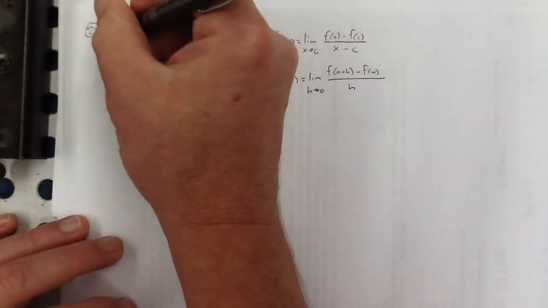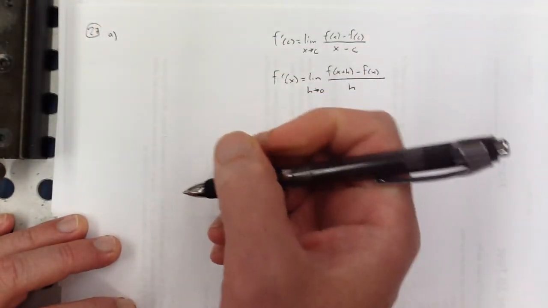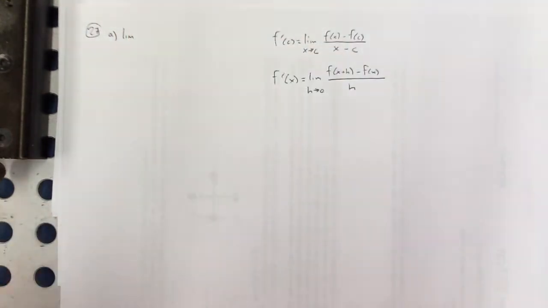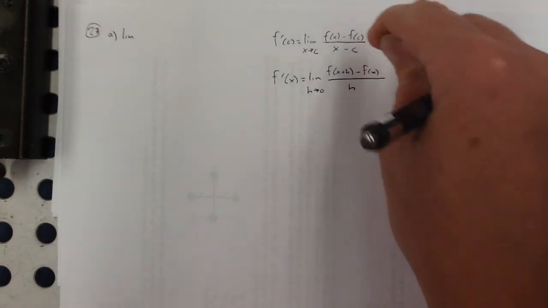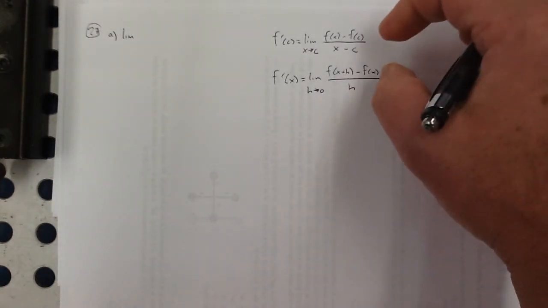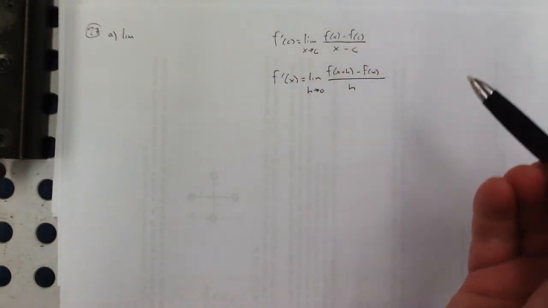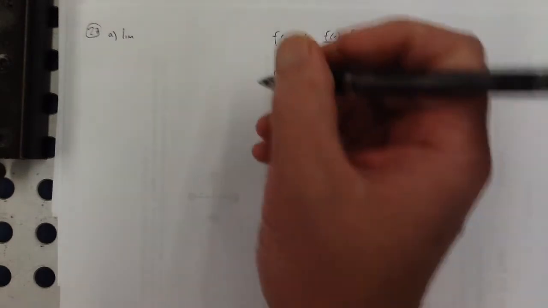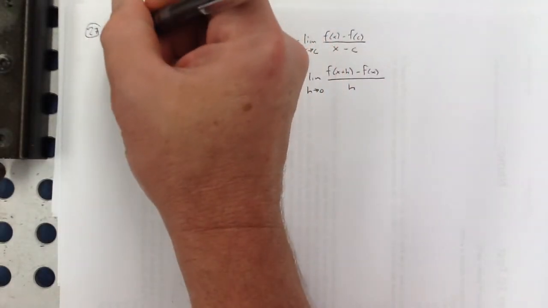So there's the 2. What we're trying to do in 27 and 28 is look at some limits and recognize that they are versions, or articulations, of these for a particular function and a particular value of x. The first one, they did this little delta x thing. I'm not going to write delta x's.